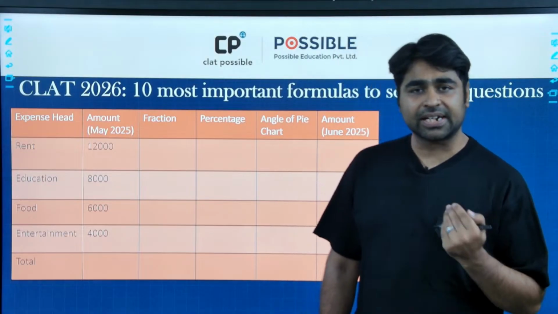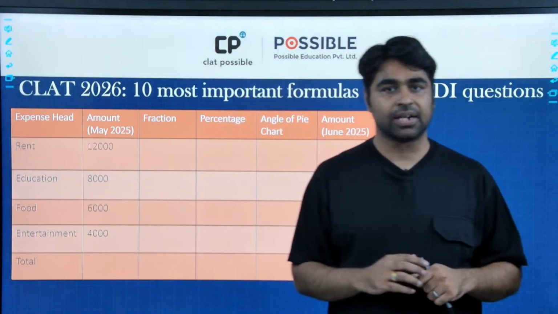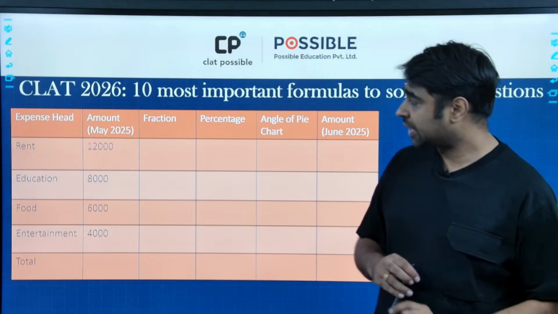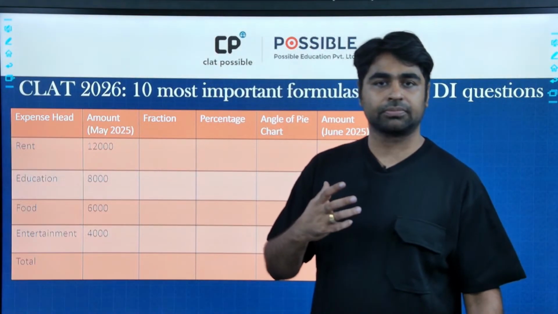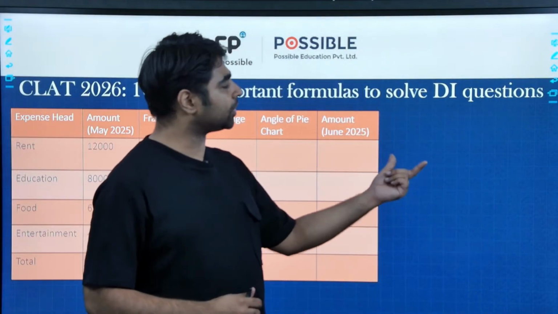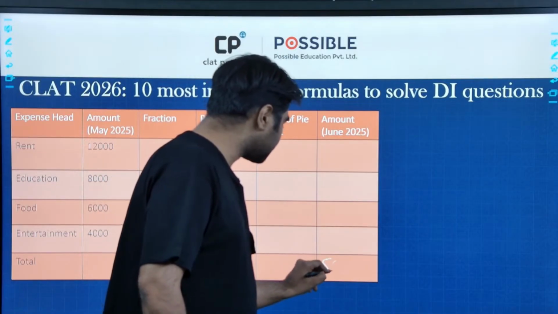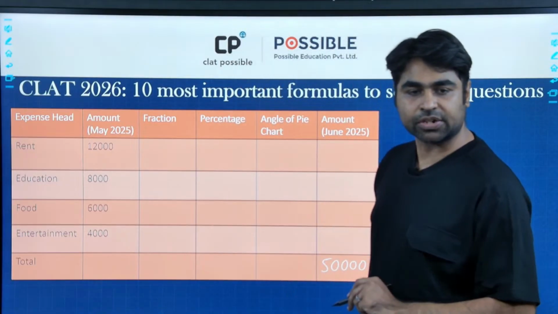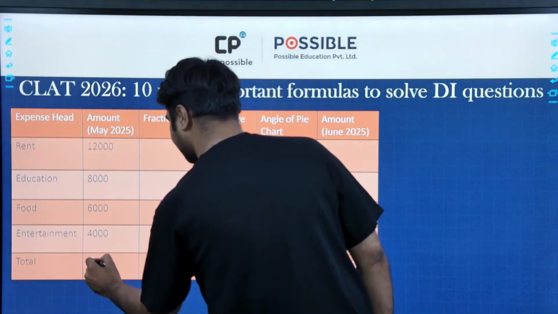Let's say the text is not quite clear, so I'll just read the text for you. The text says there's a person who has some salary in the month of May, and some salary in the month of June. His salary in the month of June was 50,000 as a total salary, and in the month of May it was just 20,000.